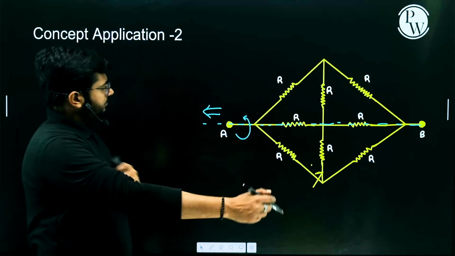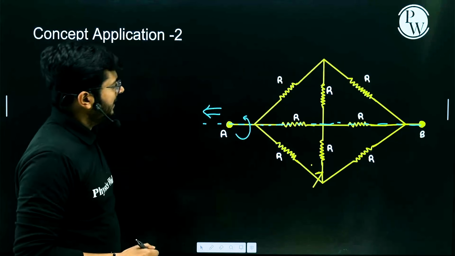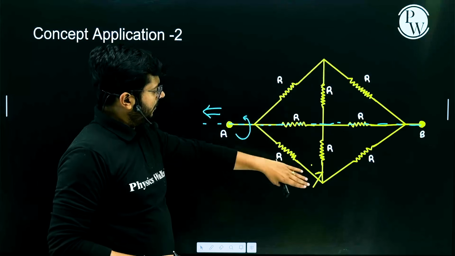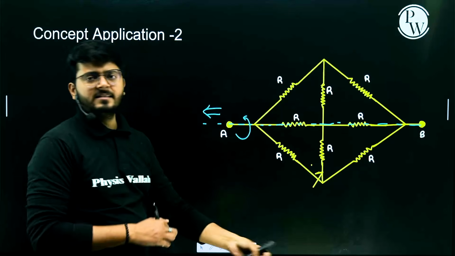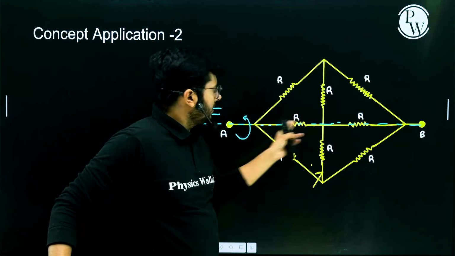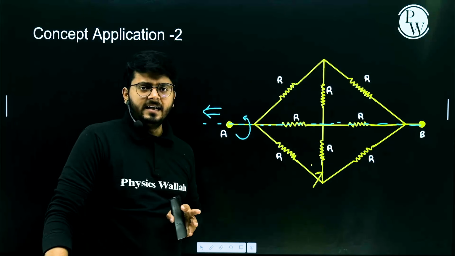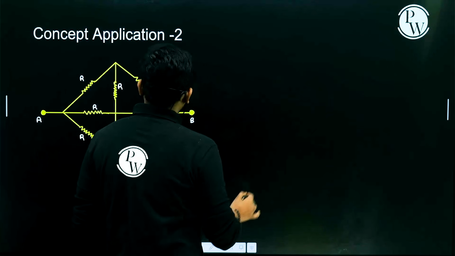Now think about it. If I just imagine an axis passing through between A and B, I can easily find that everything above the axis is overlapping with everything below the axis. So these two things are overlapping. So there is clearly an axis of symmetry over here, right? Very nice.